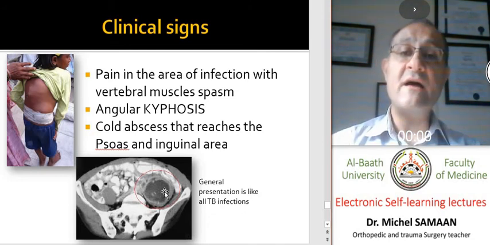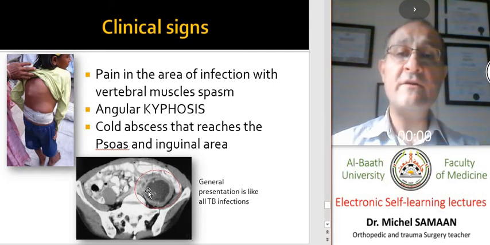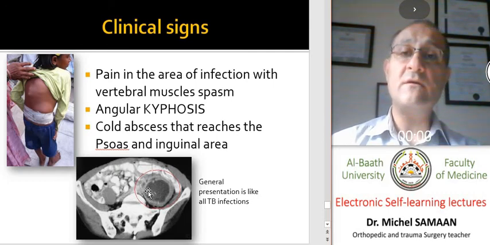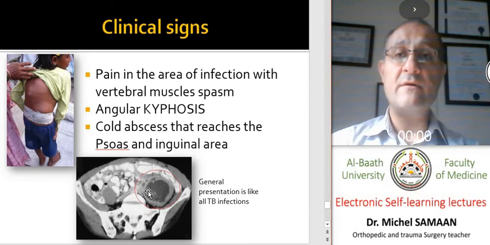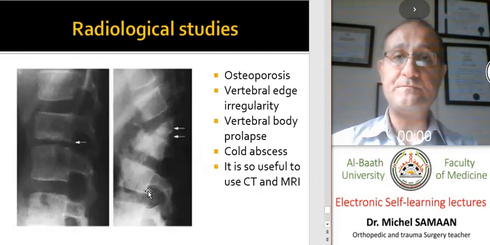And sometimes we may have cold abscesses that may reach the skin, either anteriorly in the inguinal area like a hernia, or in the Petit triangle at the back over the iliac crest.